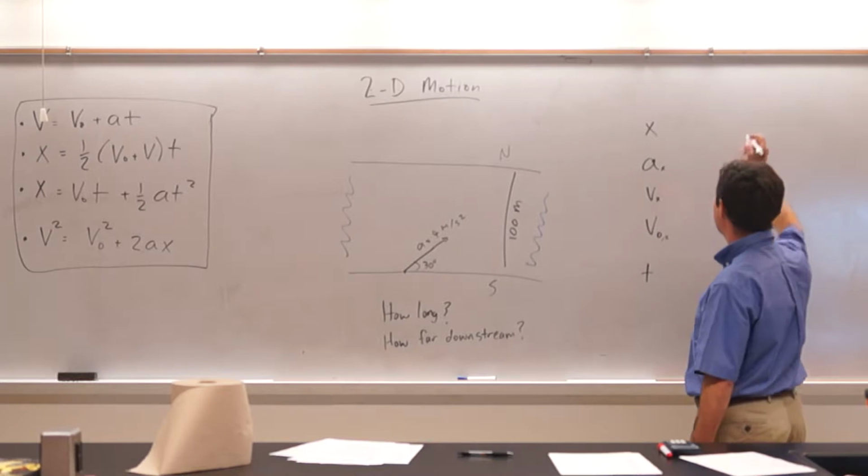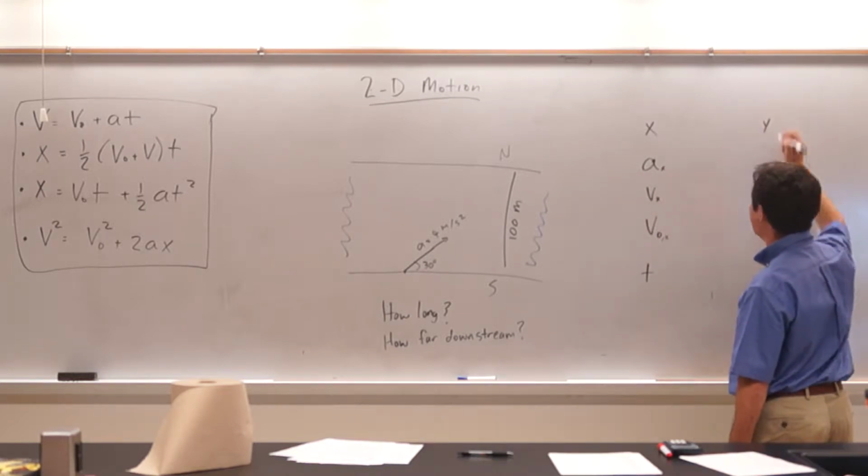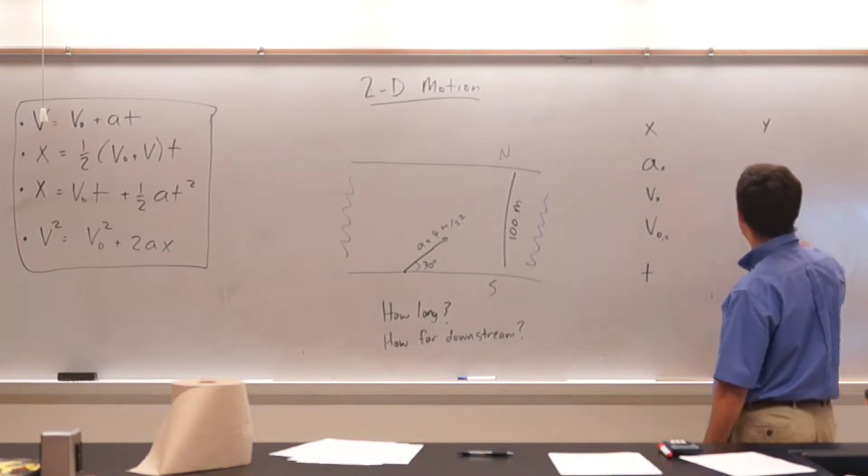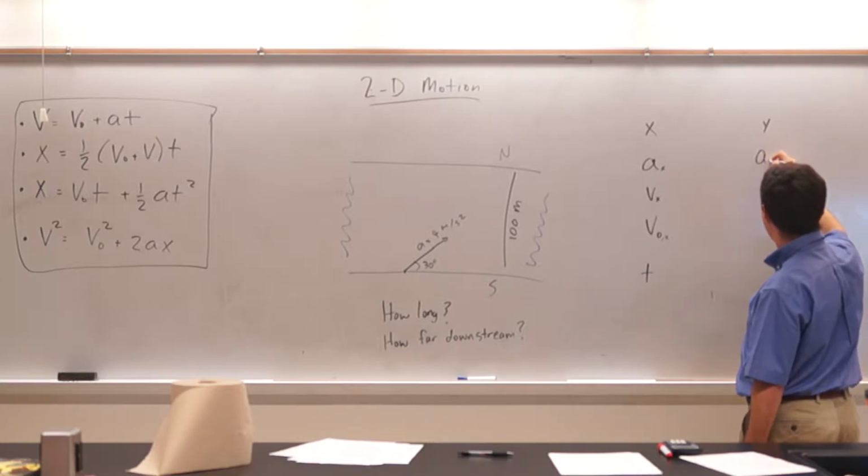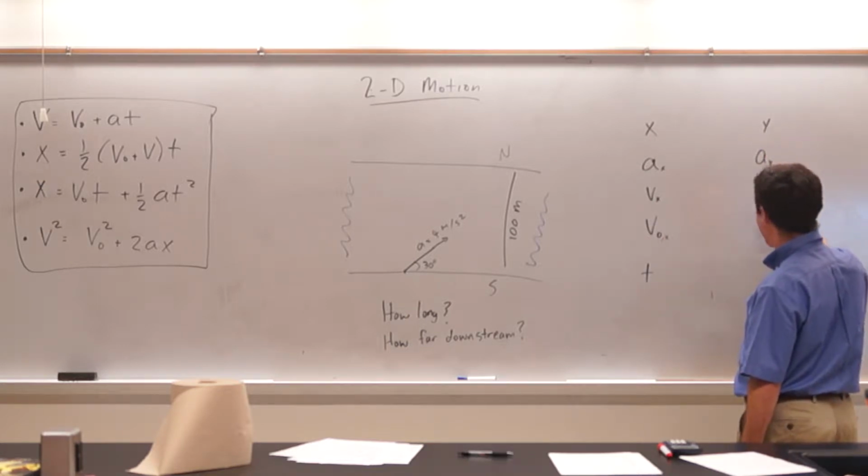And then we're also going to have a table of y values: y, a sub y, v sub y, v initial sub y, and time.